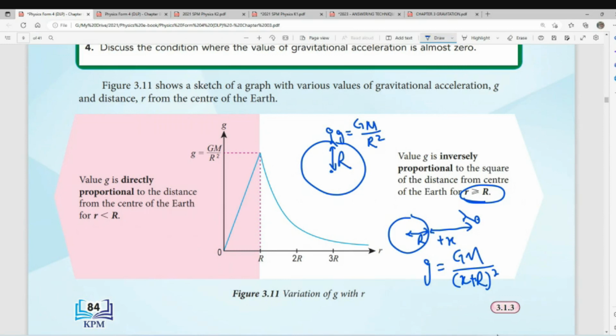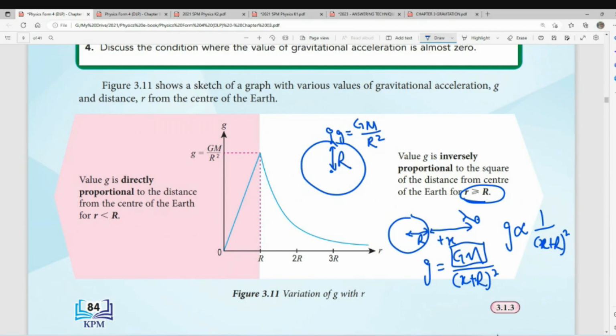Because GM is a constant, no matter how far away from the Earth, when your reference body is the Earth, GM will be a constant value. So your g is inversely proportional to (X plus R) squared.